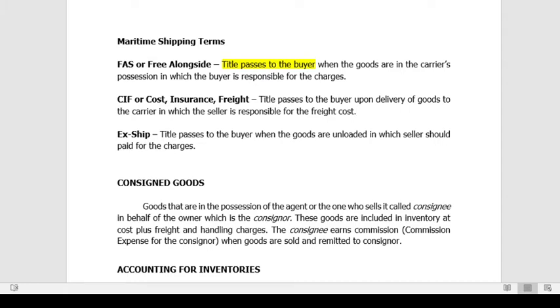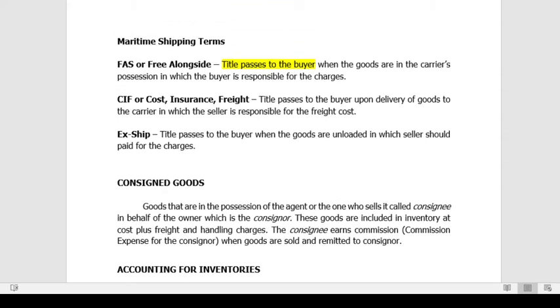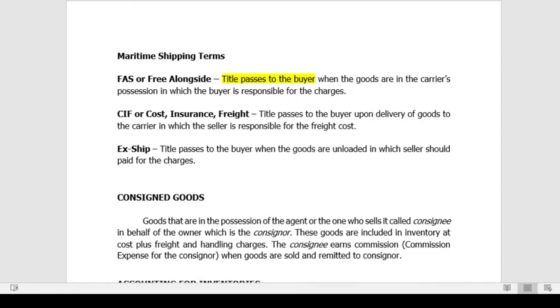So, these are maritime shipping terms na sometime you will be encountering. So, dapat familiar ka kung sino ba ang responsible for the shipping charges, kanino ba ang ownership, because there are problems which will require you to compute for the inventory at this particular period. So, very crucial kung doon ba sa period na yon ay nakanino na ang ownership.